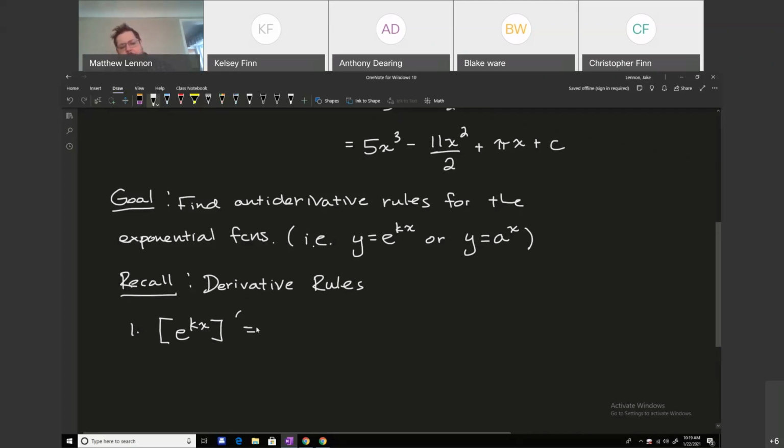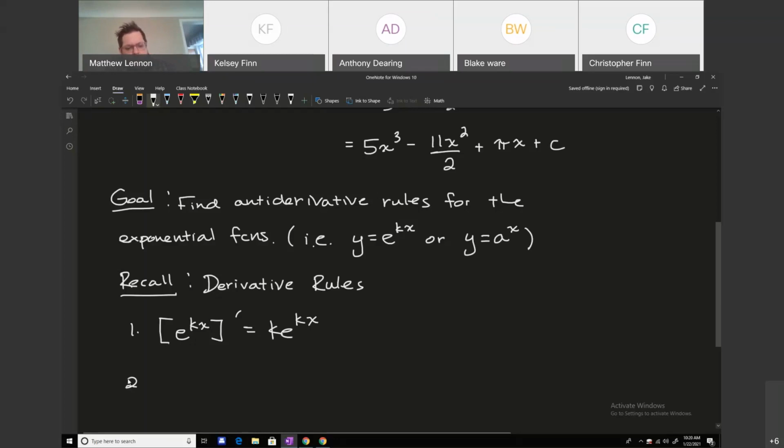Well, you just bring that constant k down and multiply it with e to the kx, right? This should be familiar. Remember, the derivative of e to the x is just itself, e to the x. So if you had the derivative of, say, e to the 5x, that would be 5 times e to the 5x.